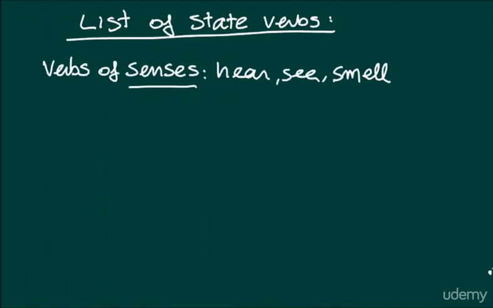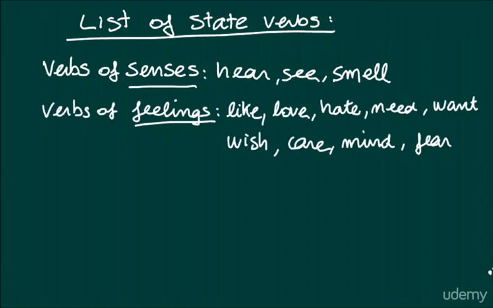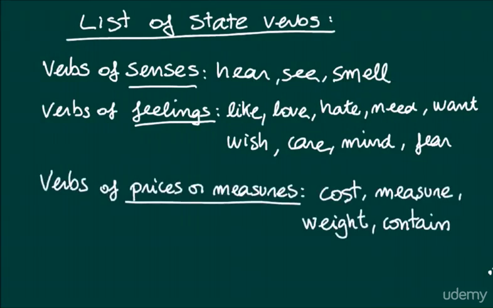Verbs of the senses: hear, see, smell. Verbs of the feelings: like, love, hate, need, want, wish, care, mind, fear. Verbs of prices or measure: cost, measure, weigh, contain.